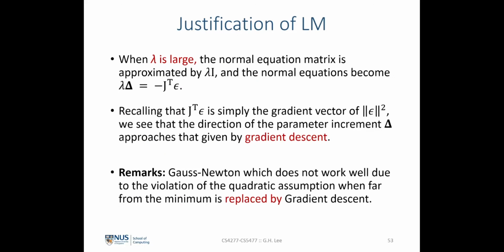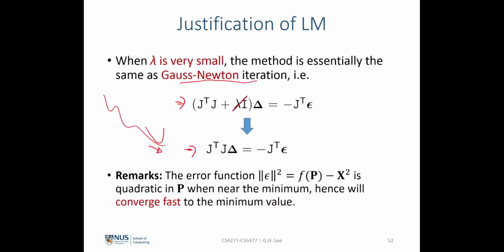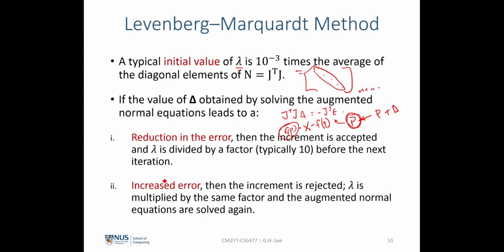On the other hand, when lambda is large, we have defined earlier on that there's an increase in error. When we see that there's an increase in error, we want to make lambda large, because we are going to multiply it by a factor of 10 typically.